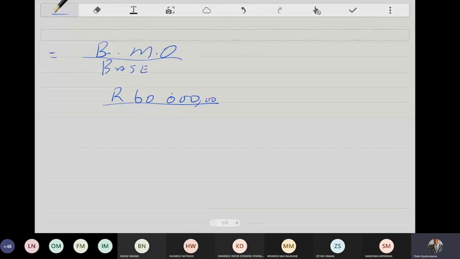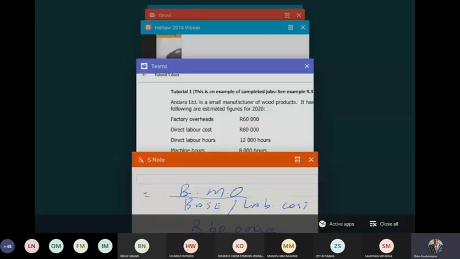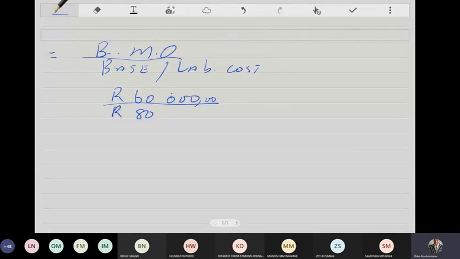Divided by your base. In this case, they said that your base must be your labor cost. That's going to be our first. When you look at the value of our labor cost, you've got 80,000, so we divide by 80,000. Then again, guys, in chapter 5 we said that if you take the cost and divide by the number of units, you get what?